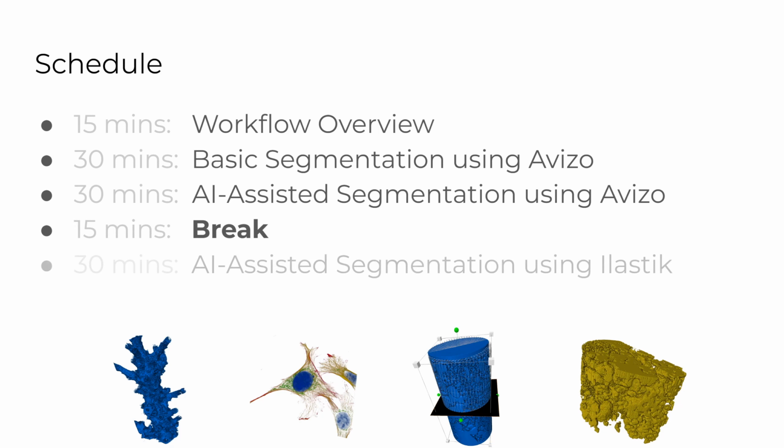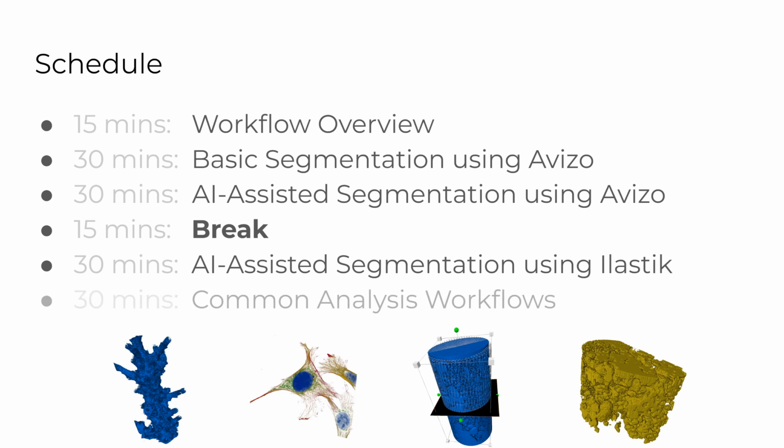Then we're gonna have a break, and then we're gonna switch to the segmentation tools using Ilastik. And finally, after we've done the segmentation, most likely you want to do analysis on your data, right? So you want to do some measurements. So I'm going to show some common analysis workflows, how to get some measurements or analysis from your segmentation results.